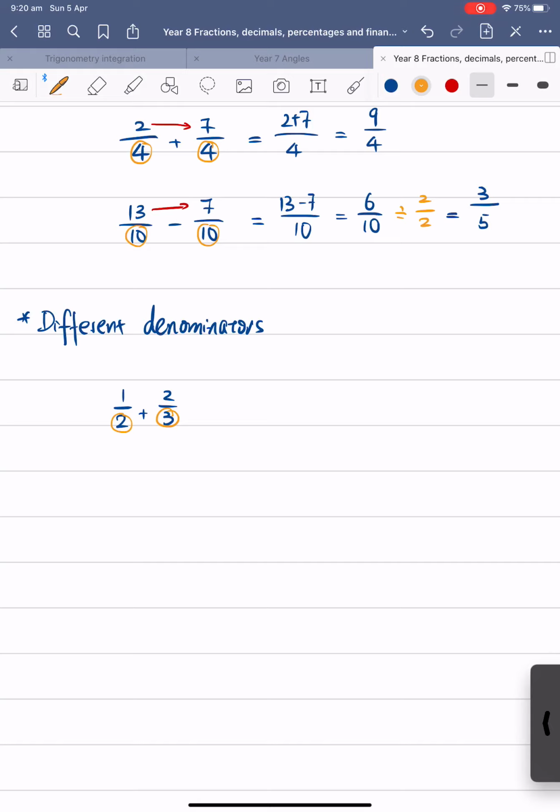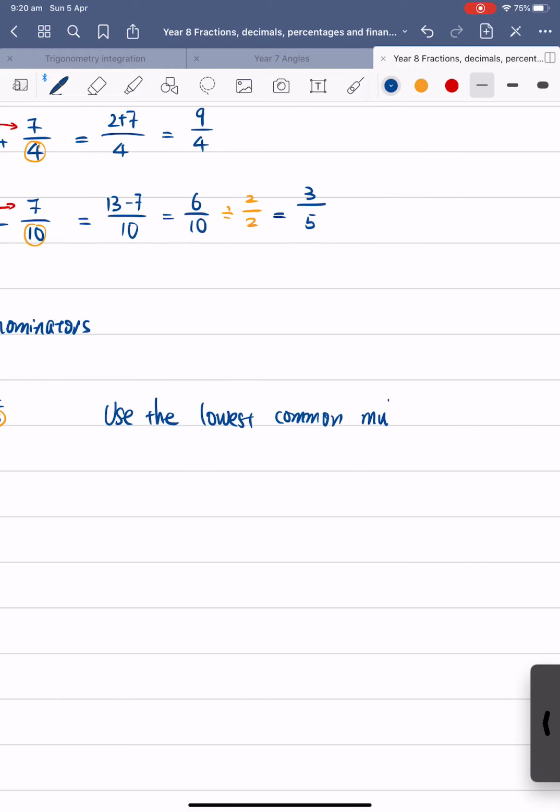We need to find the lowest common multiple if the denominators are different. So we need to use the lowest common multiples, which is also abbreviated as LCM, of the denominators to find equivalent fractions.